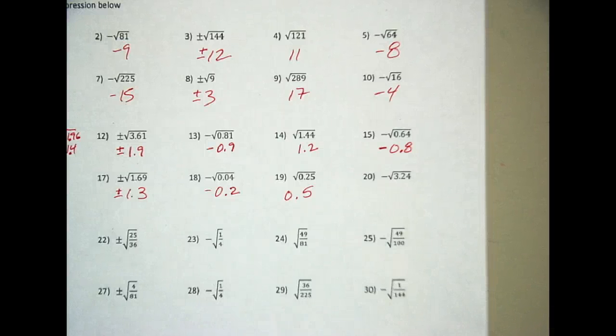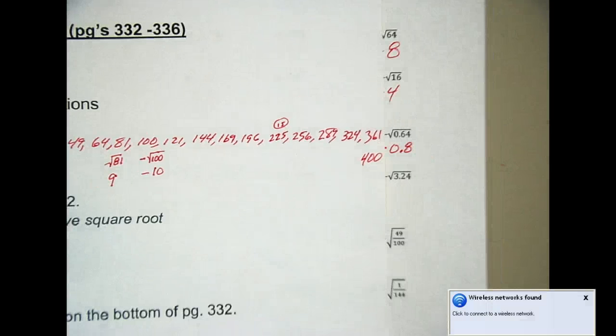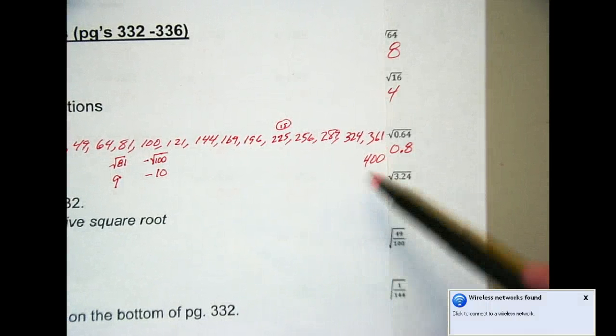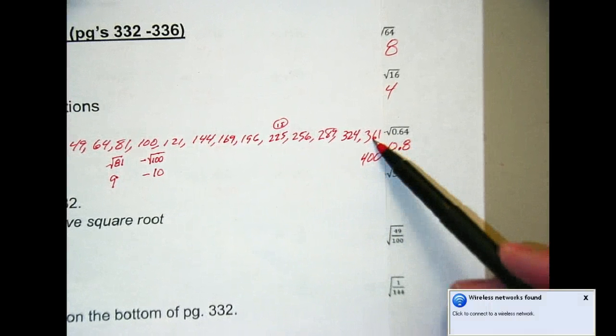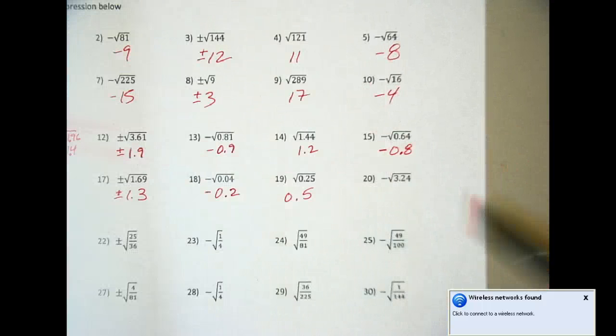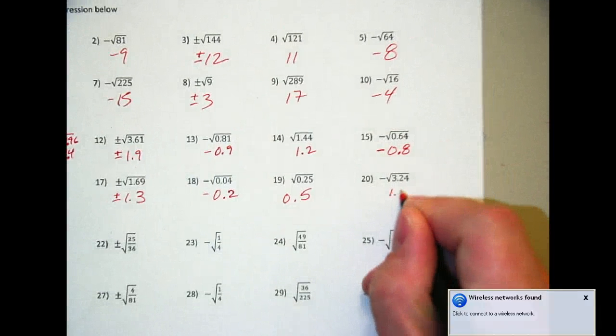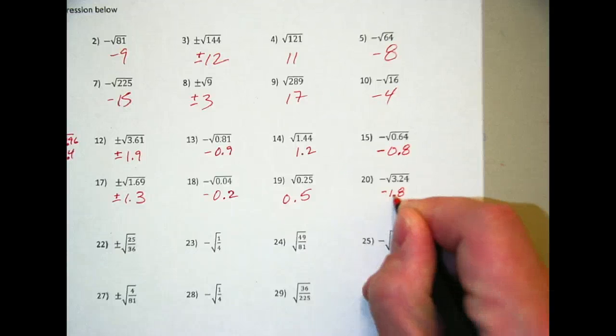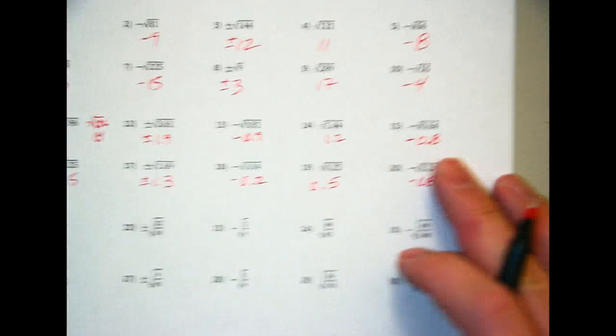What we did at the very beginning of class. How many prior to 400 is it? So here's 20. That's 19. 18. So we got 1.8. Negative 1.8.